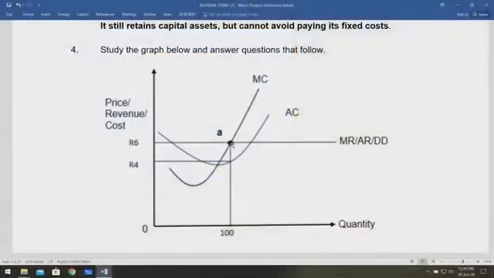I remember in a past paper they used the term minimum loss and students were completely thrown because they've never heard the concept before. So I'm just putting it out there for you today that minimum loss is exactly the same as profit maximization, okay? Right. So that is where MC equals MR, and in this case here it is at point A.